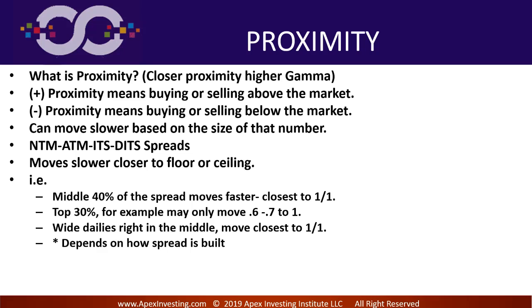And the one I want to put a big flag up for you on, I've got an asterisk right there, is NASDAQ. NASDAQ currently moves really slow because it's ticking in 0.1. If they change that to 0.25 and widen it out, it'll start ticking a lot faster, okay? It'll move faster. But right now, you'll almost always see high proximity.